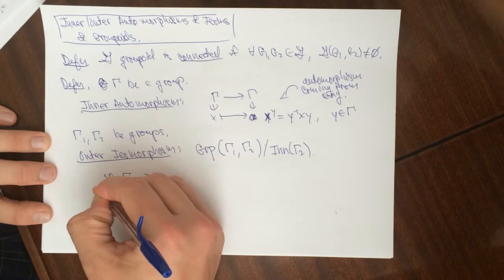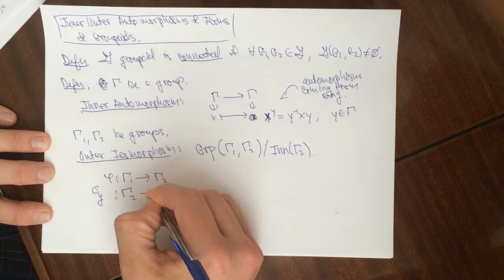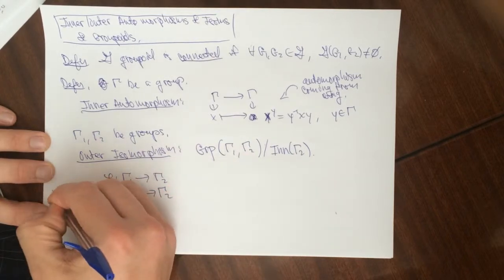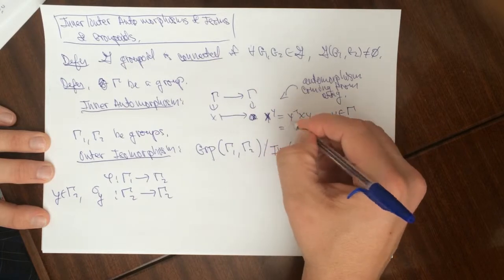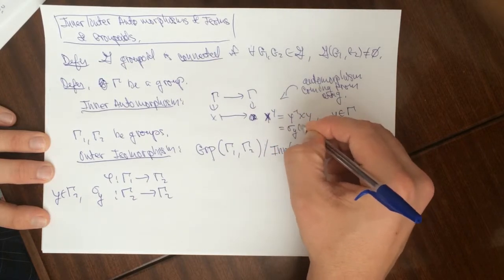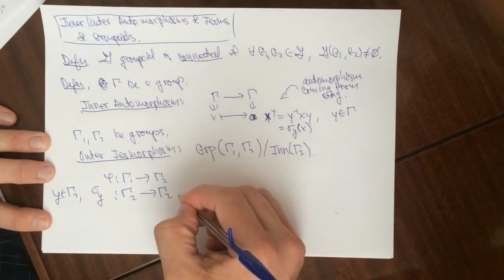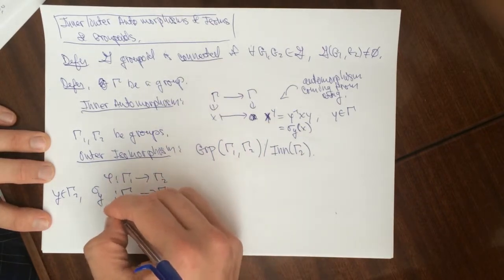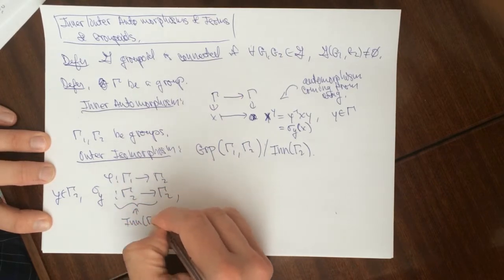sigma y, from gamma 2 to gamma 2, where y is in gamma 2. And this is the operation here. So this is going to be defined by sigma y of x equals y inverse x y. So this guy here is an element of the inners of gamma 2.